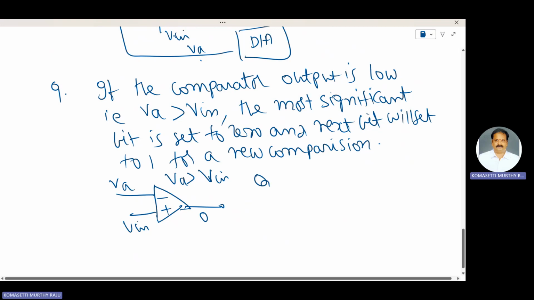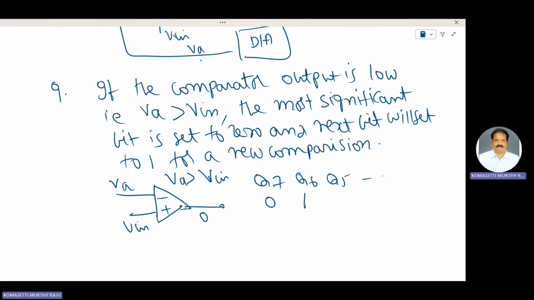In this condition, consider Q7 and Q6, the present bit and the next bit. Q7 is set to 0 and the next bit Q6 will be set to 1. The remaining Q5 to Q0 are all zeros.